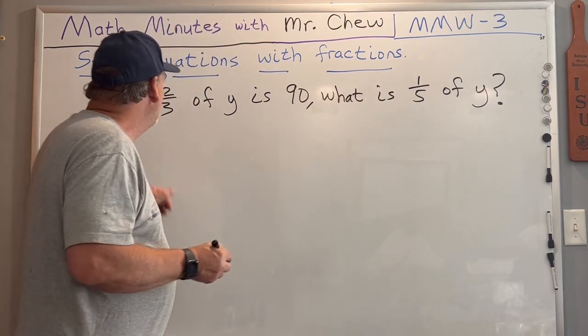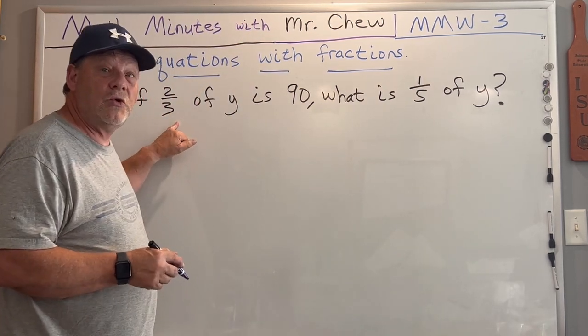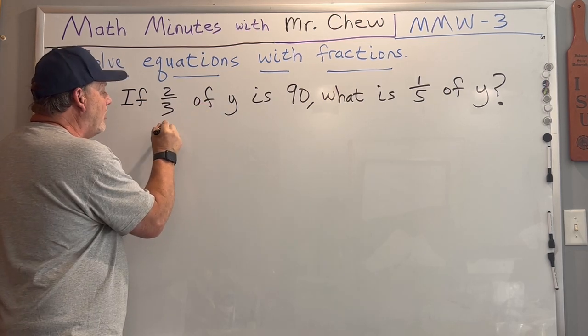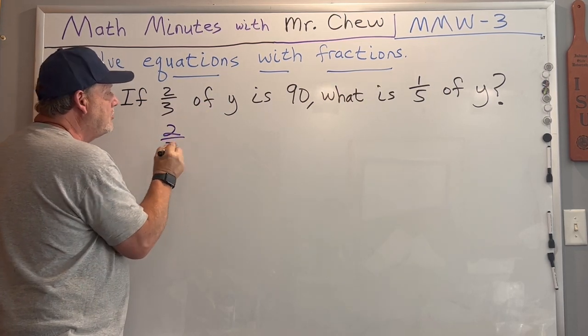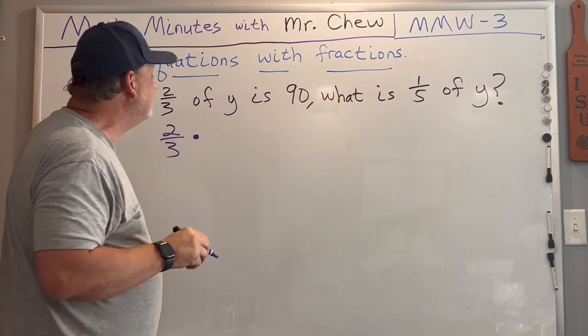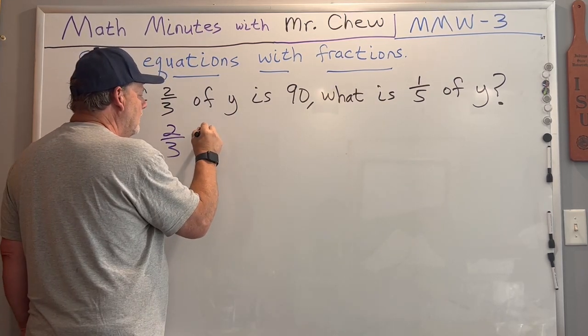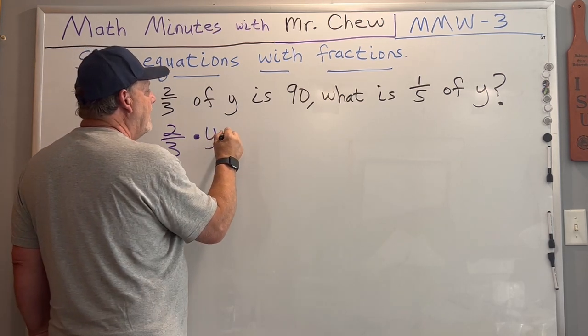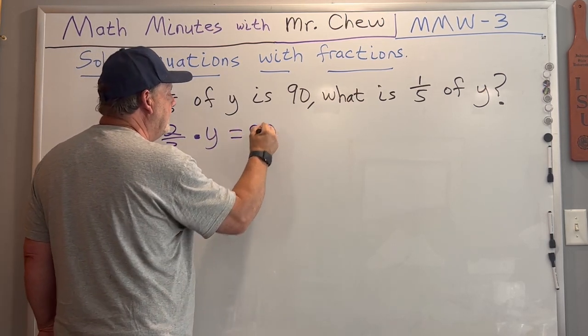So we have to convert this into a mathematical sentence. So the word of means multiply. So I write 2/3. I write multiplication as a raised dot. And that equals 90.